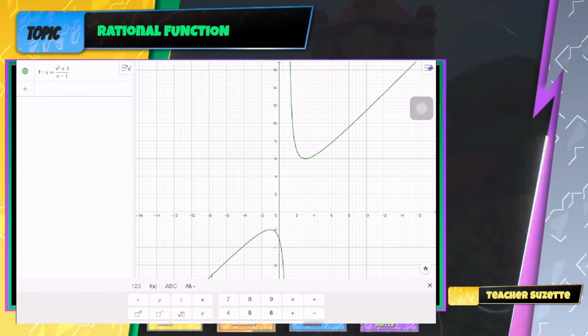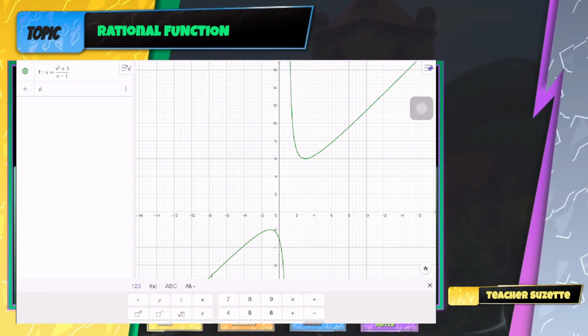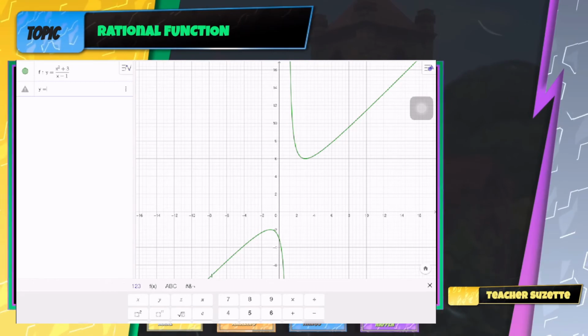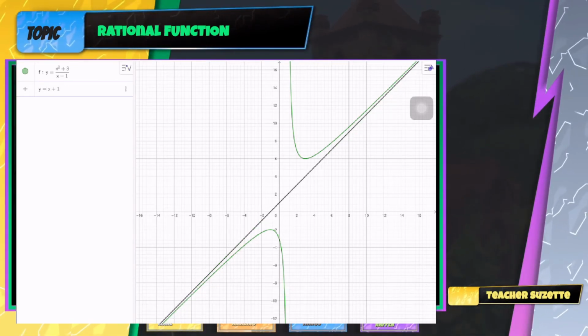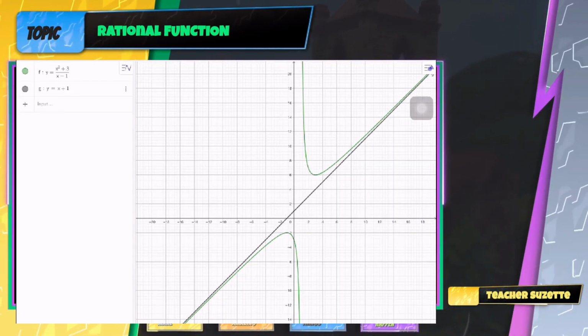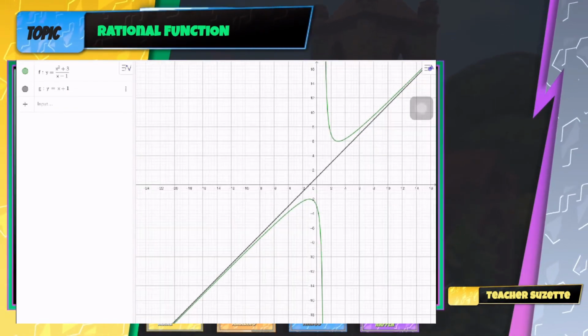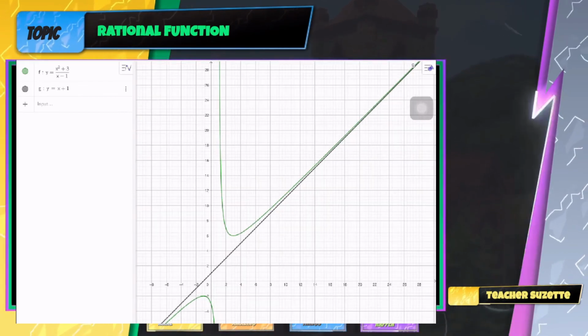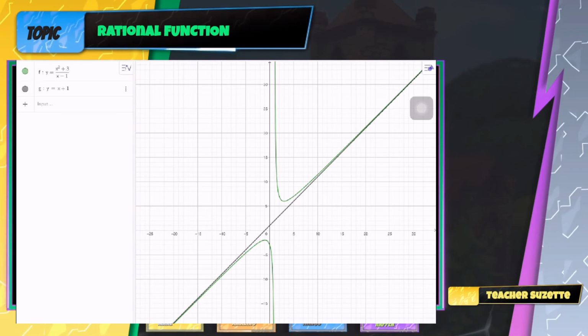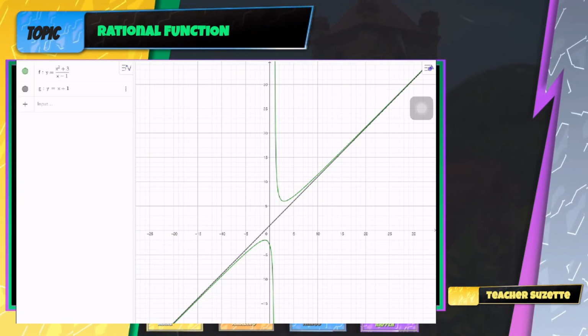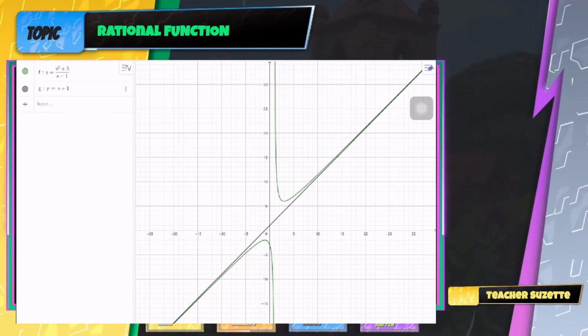That is y is equal to x plus 1. There it is, that is our slant asymptote. So, that is what it looks like. So, that is how we solve for the slant asymptote or oblique asymptote.